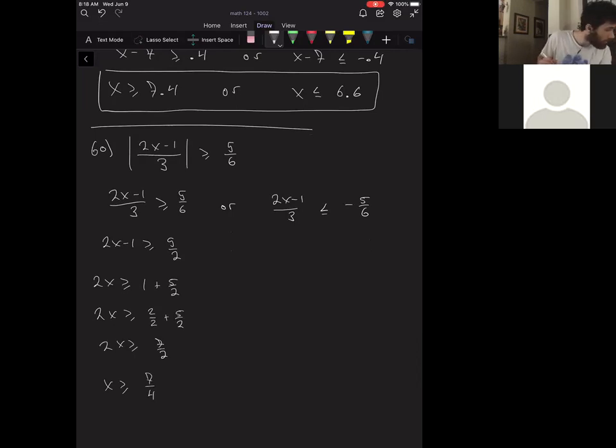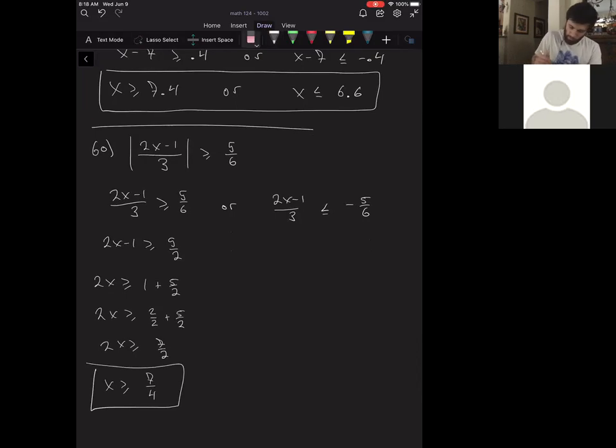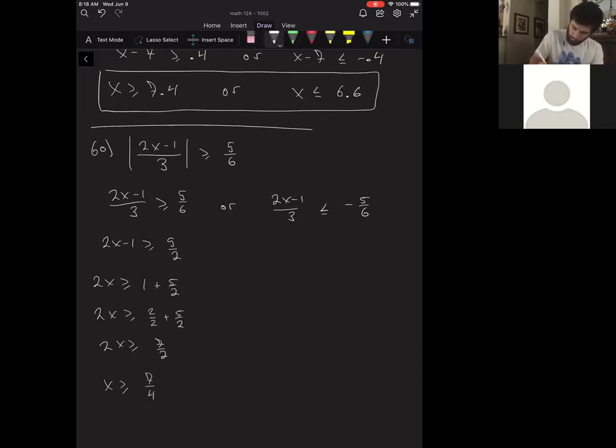Let's see, it doesn't give us the answer. Oh, sorry, we need to do both sides. All right, so over here, let's multiply that 3 over. So we're going to have 2x minus 1 is less than or equal to minus 5 over 2. Then we add the 1 over, so 2x is going to be less than or equal to 1 minus 5 over 2.